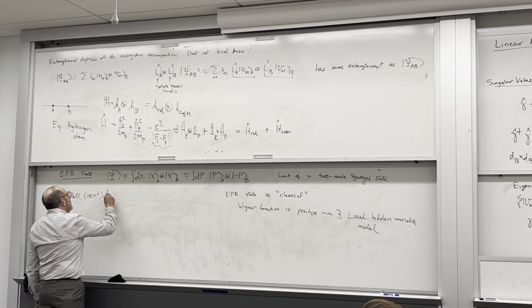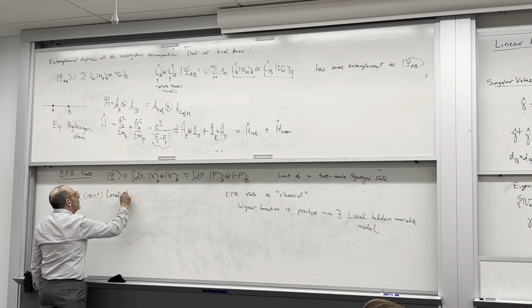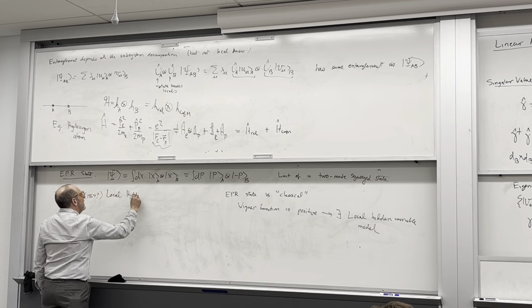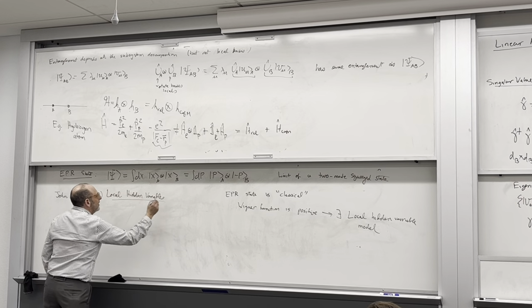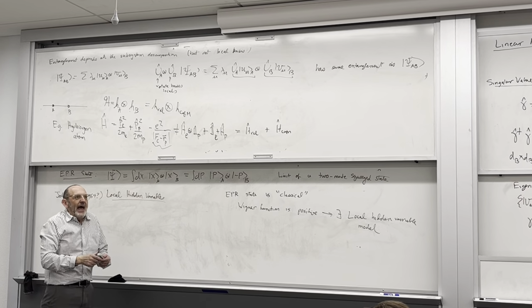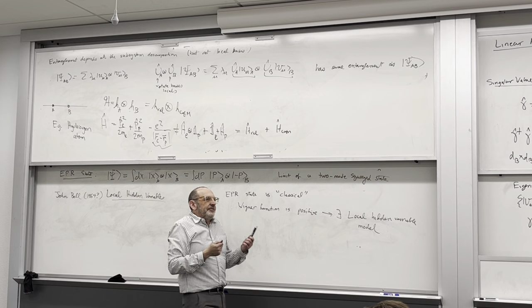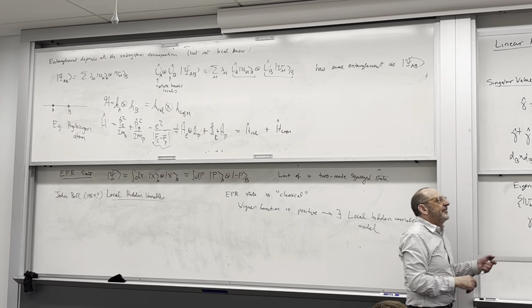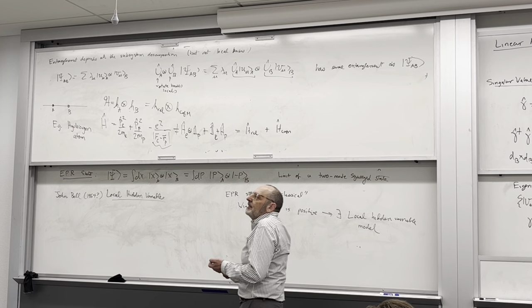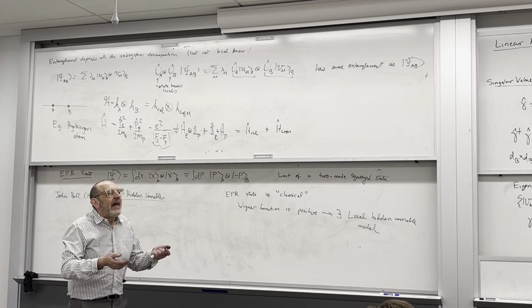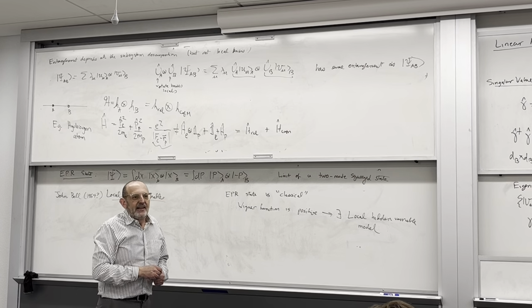And so he introduced the idea of what's called local hidden variables. Now, local hidden variables, this is exactly what one might expect: there are random outcomes, but they're random just because we don't have complete information.